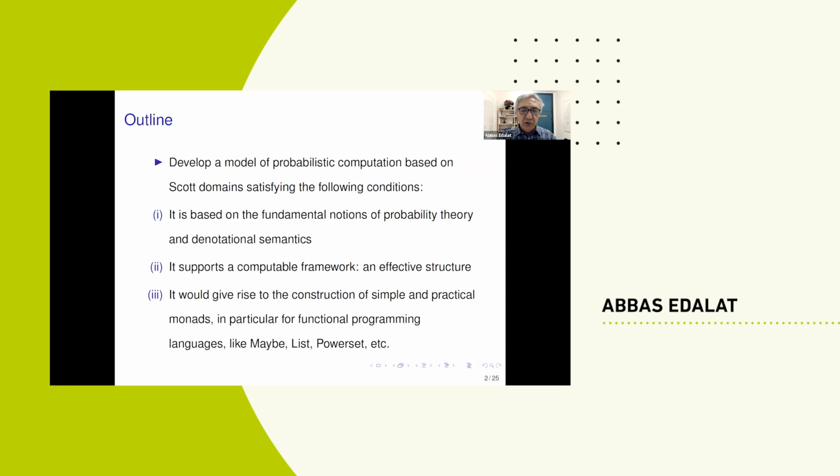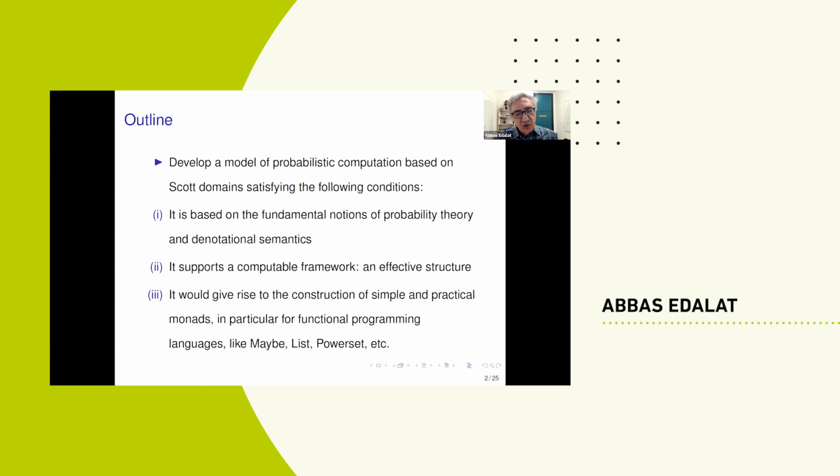We want to develop a model of probabilistic computation based on Scott domains. So Scott domains were introduced by Dana Scott, as I will explain later, and they form a very prominent first example of denotational semantics for programming languages. And our model satisfies the following key conditions. Firstly, it is based on fundamental notions of probability theory and denotational semantics.